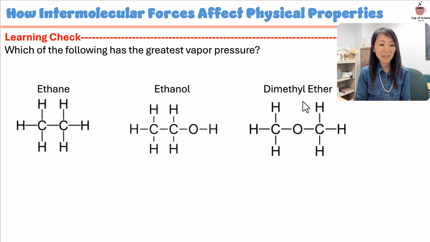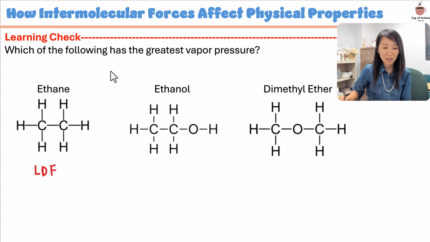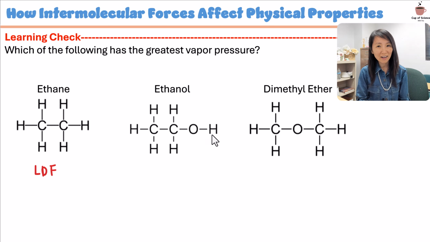So coming back, ethane is a hydrocarbon, meaning that it is a non-polar substance. All non-polar substances will only participate in London dispersion forces. So this is LDF. Ethanol looks like a hydrocarbon since it has carbon and hydrogen, but that is not the only thing. It's got an oxygen and a hydrogen.